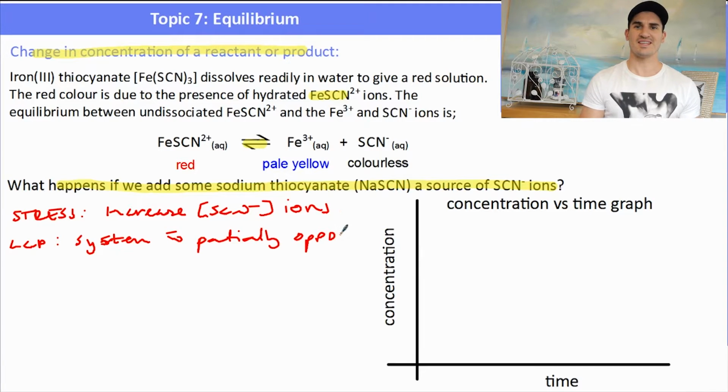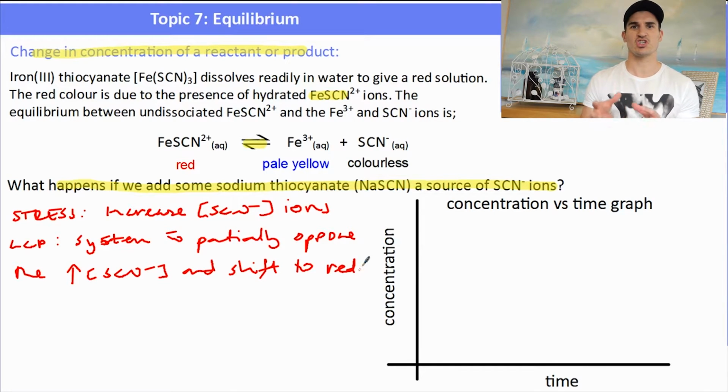Well, the only way that this equilibrium system can oppose the increased concentration of SCN- is to try and reduce the concentration of SCN-. So that means that we're going to see this reaction shift to react the SCN- with Fe3+. So we're going to have a net reverse reaction going on here.